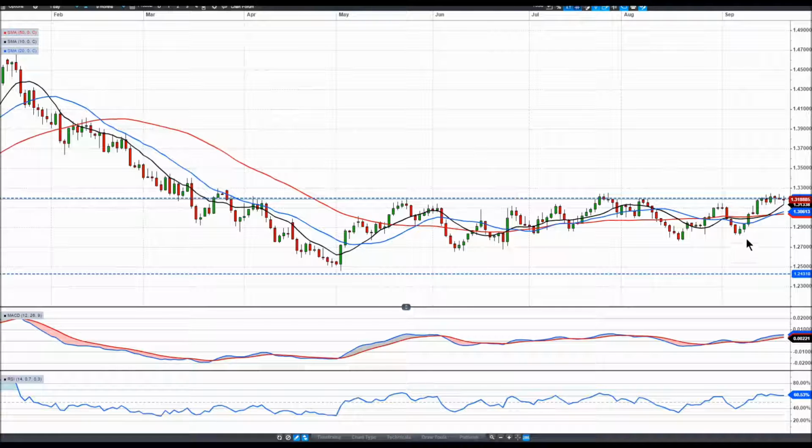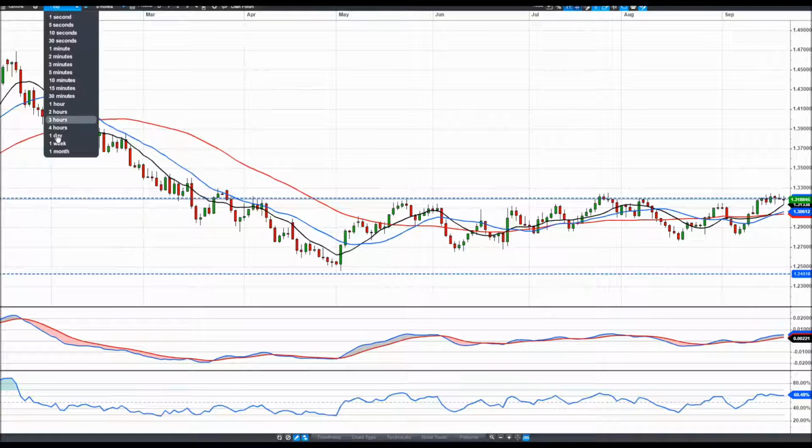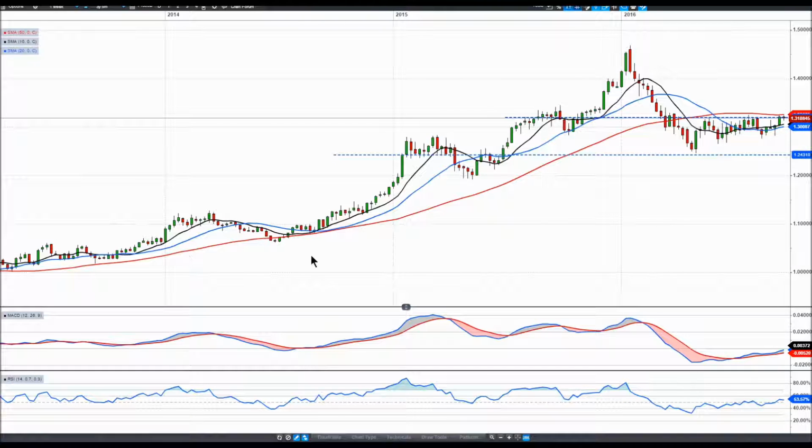So I'm looking for a consolidation up here, a higher compression and then a breakthrough. On the daily chart at the moment, that's looking very possible, and again it's supported by the price action on the weekly and monthly charts too.